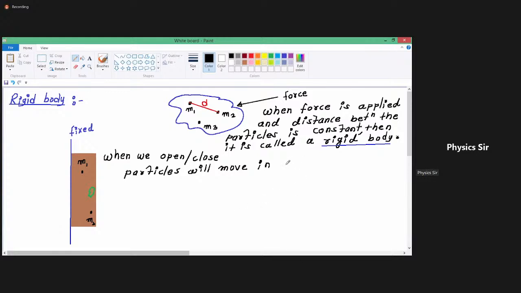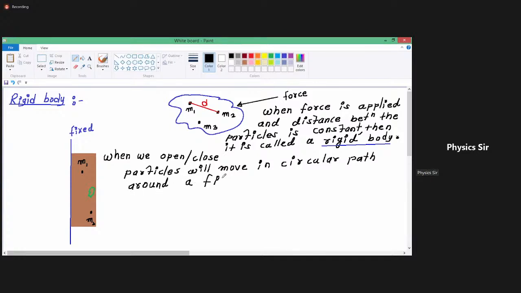The particles will, yes, this is great. So the particles will move in the circular path. Not only they'll move in the circular path, they are moving in a circular path around this fixed line, right?